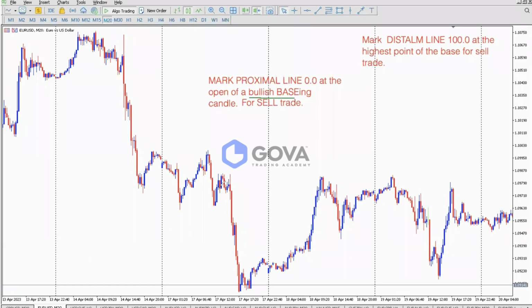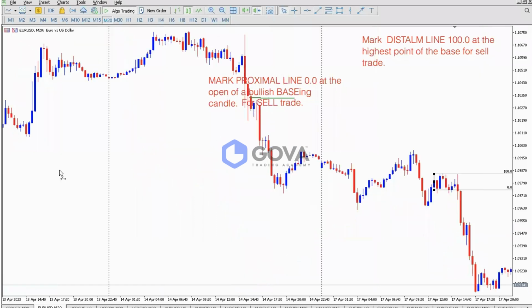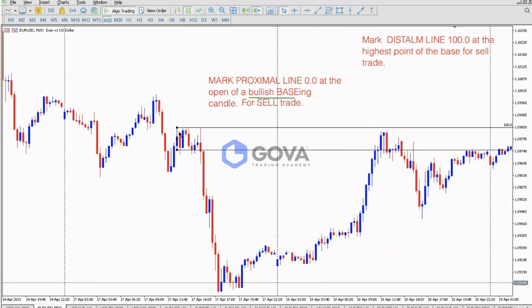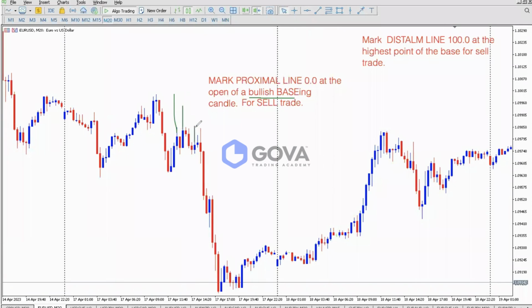Now, let me show you this area. But before then, let me first zoom out so that you can see the area again. You can see we have 1 bullish, 2 bullish, 3 bullish, 4 bullish candlesticks on this base.